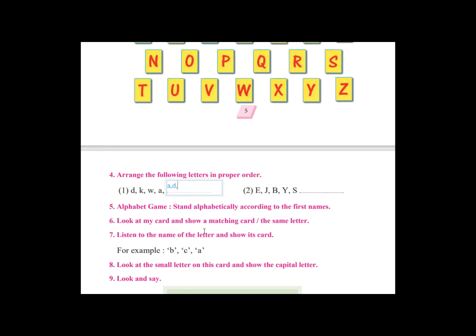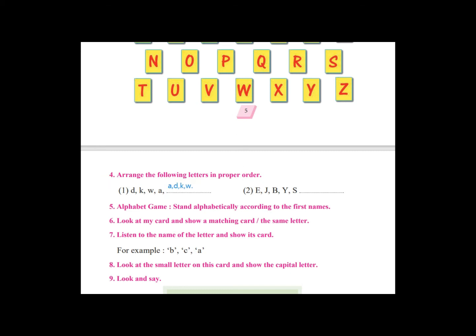E. Is it there? No. F? No. G? No. H? No. I, J and K. Is K there in this? Yes. So you have to write here K. Afterwards we will write W. So this is called alphabetical order. You have to check what comes first and what comes later.